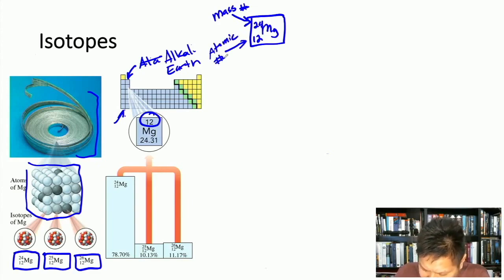So that means then this is also the number of protons. Number of protons, right?